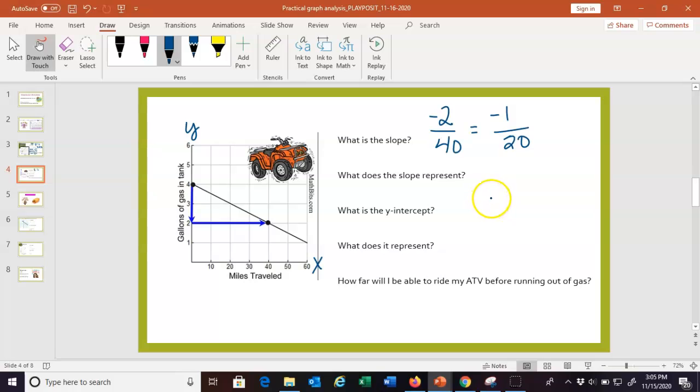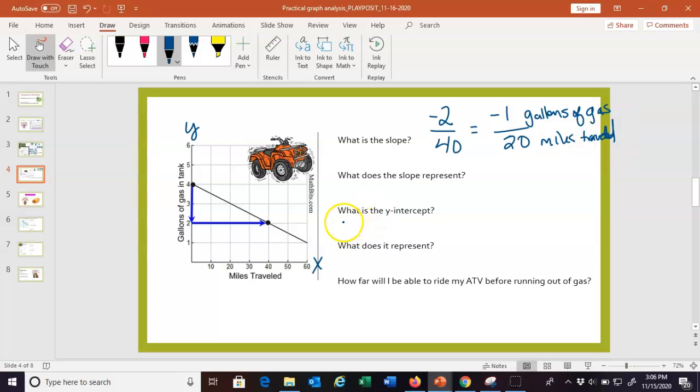So what does that mean? And a lot of times, again, to help you get that representation, put some labels on these numbers. Well, what does the 1 represent? That's the gallon of gas. And what does the 20 represent? Miles traveled. Now this line is going down, right?